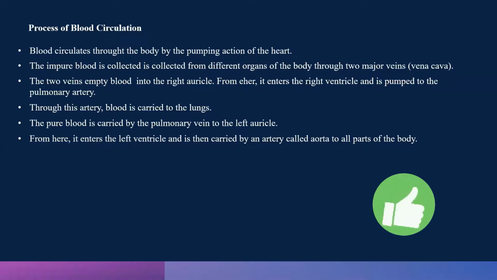We learned so many things, right? Where are the ventricles? Where are the doors over there? So I need not explain much here. Just watch part 1 of the video to understand how that process goes and how each part is connected. From here, it enters the left ventricle and then it is carried by an artery called the aorta to all parts of the body.